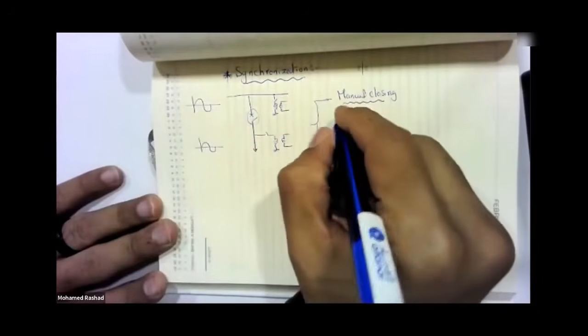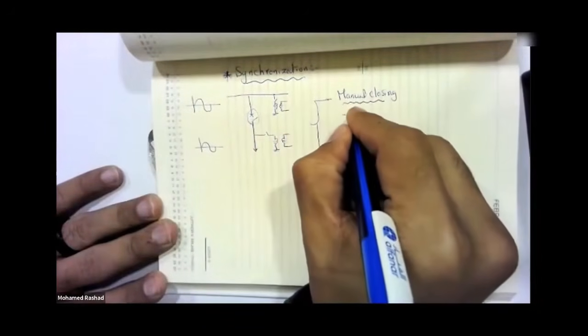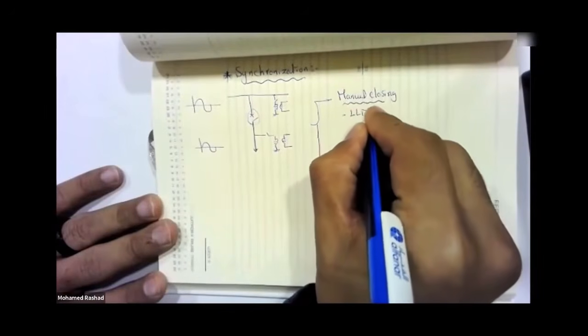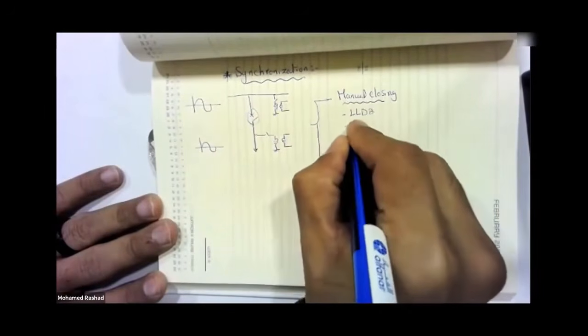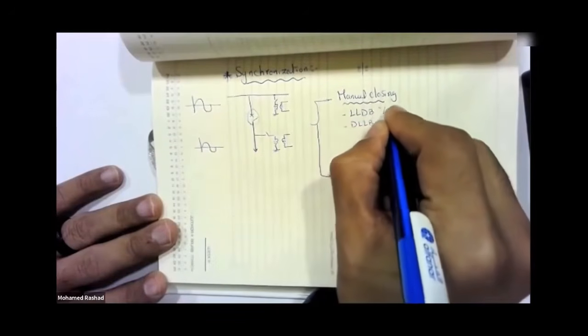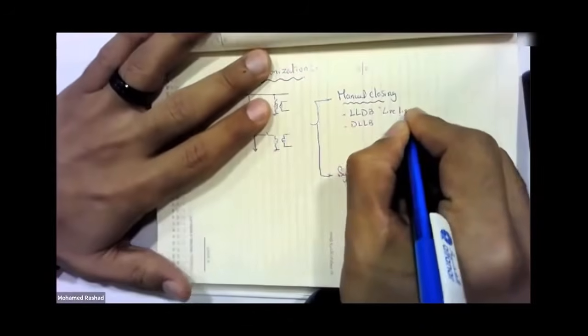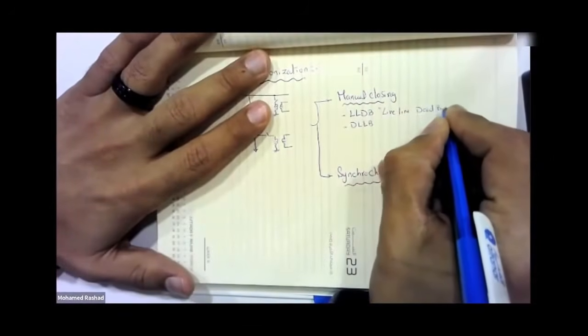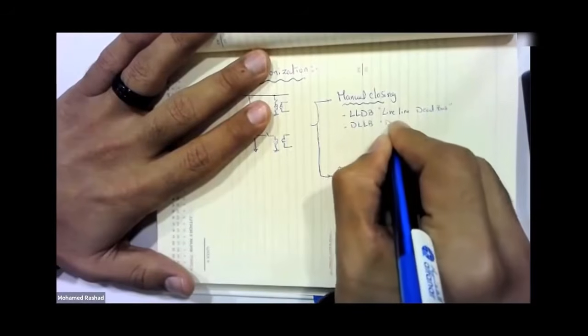For manual closing, there are 2 important conditions, which we refer to as live line, dead bus, and the second condition we call dead line, live bus.